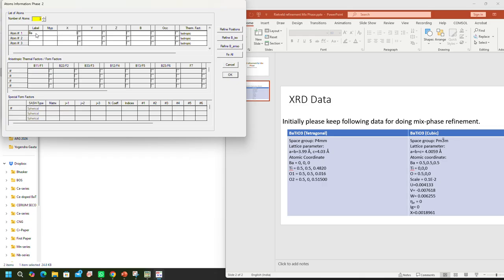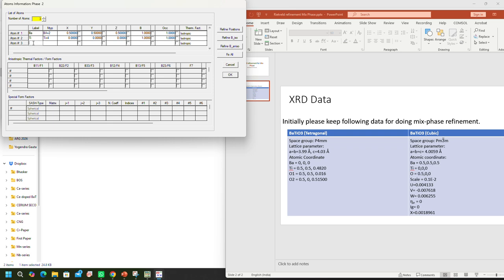Ba, so Ba plus 2, and this is 0.5 0.5 0.5 1, and this is 1. Then titanium, Ti plus 4, then 0 0, and now B is again 1 again 1.